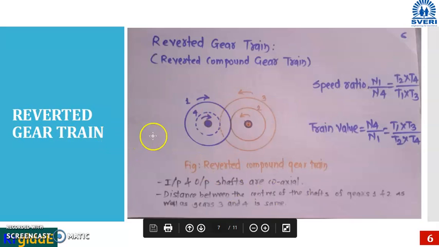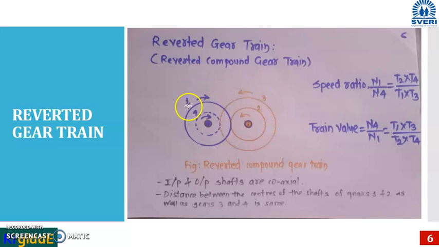Then third type, that is reverted gear train. In this type of gear train, we can observe that the input and output gears are coaxial. So direction of these gears is same.